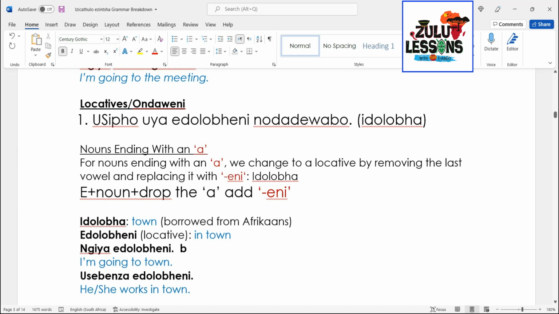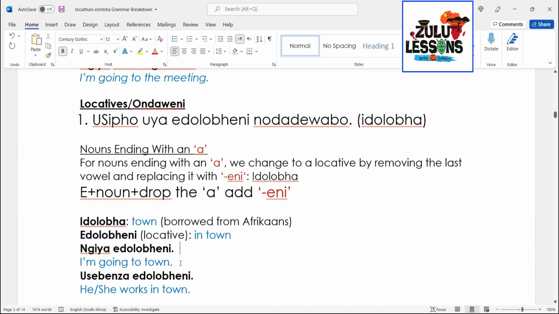Do you hear? I'm not blowing it out and saying ubaba. I'm saying ubaba. So you put your lips together softly and let go. Ubaba. So this one is not the same. The BH is blown out, as in boy in English, or ball. So edolobheni.